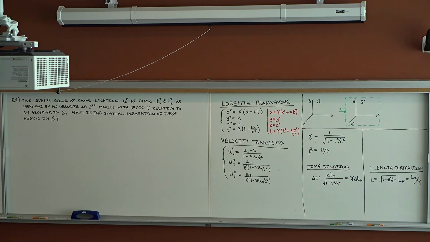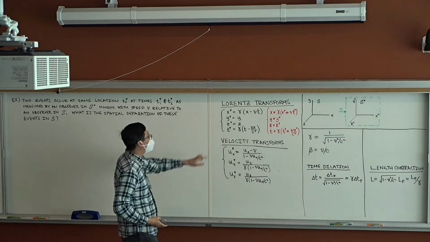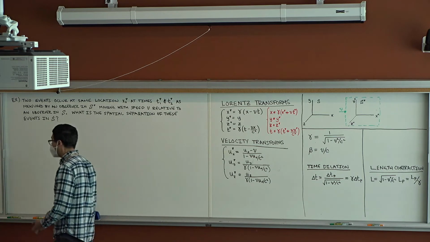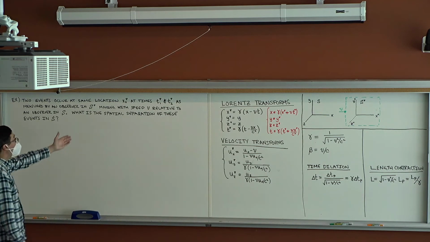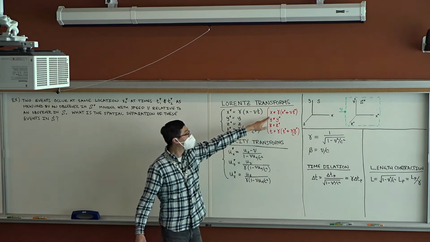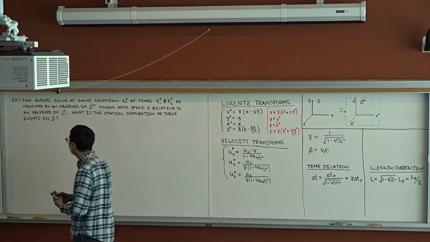So we're going to turn to our Lorentz transforms. We can pick this one or this one if we want. Since we know the stuff in the primed frame, we should use the red one, this one.